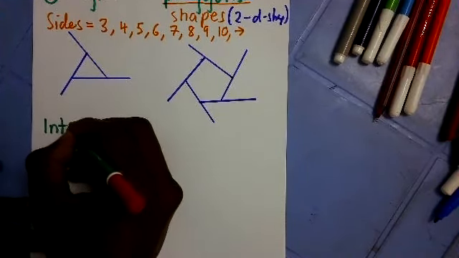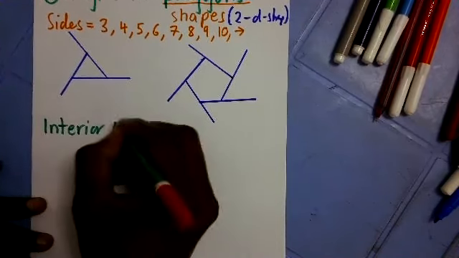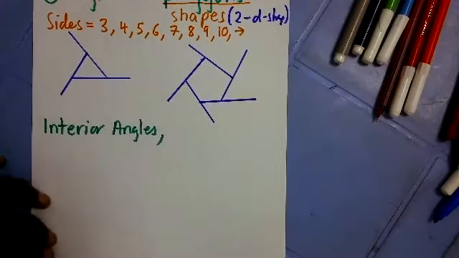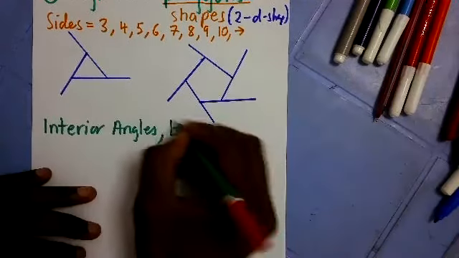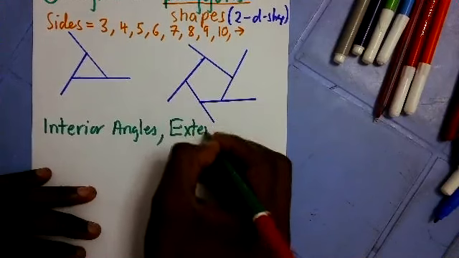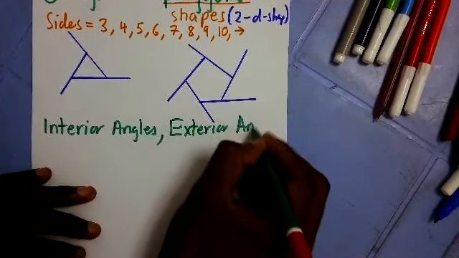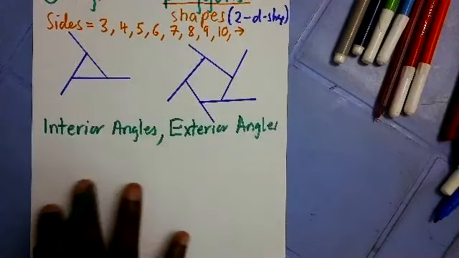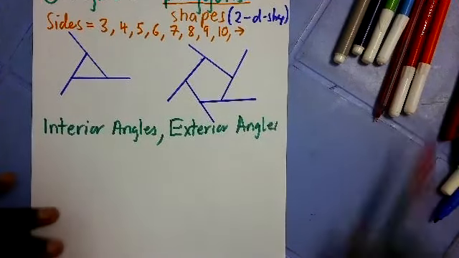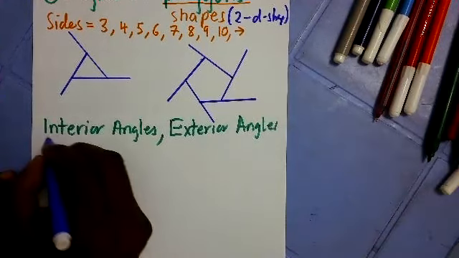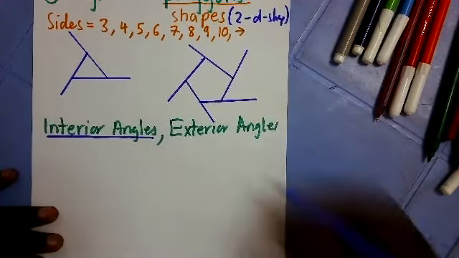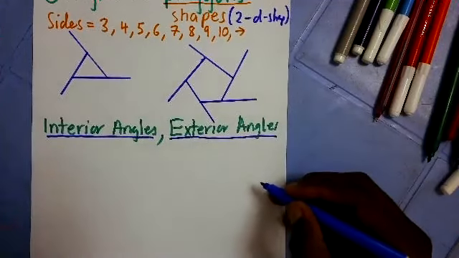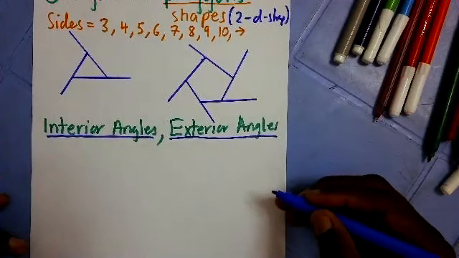interior angles and also those lines are showing us exterior angles. So basically in polygons, we want to know what are interior angles, and also we want to know what are exterior angles and what is their relationship.